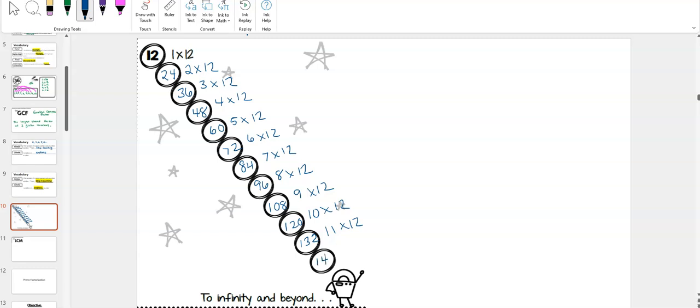And 144 is 12 times 12. And again, these are just what we have. They go on forever. I could keep going.